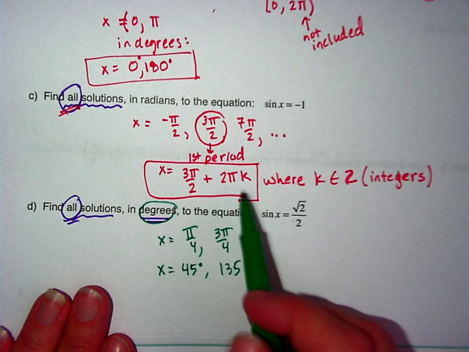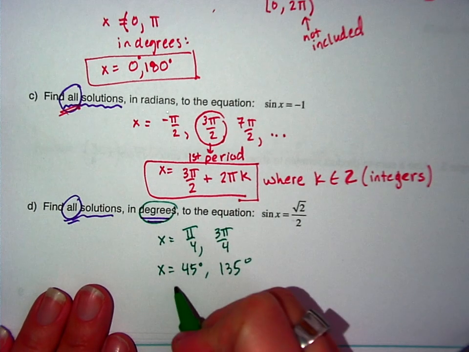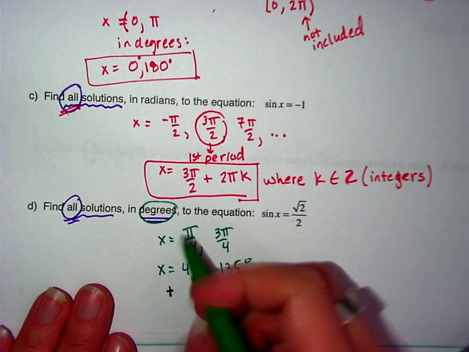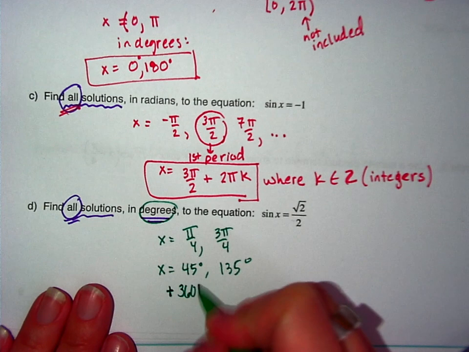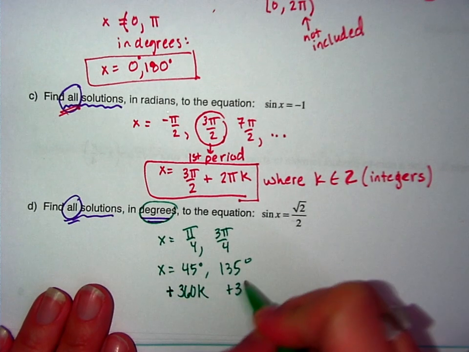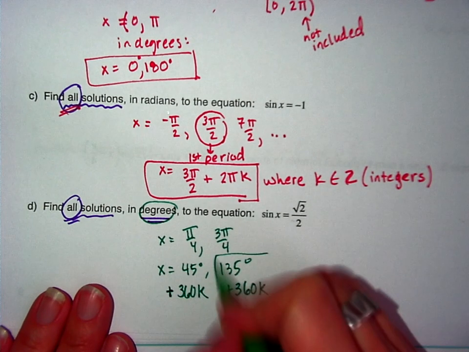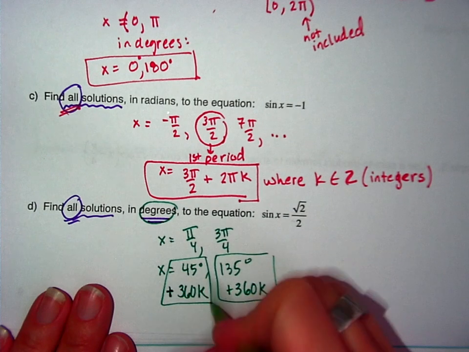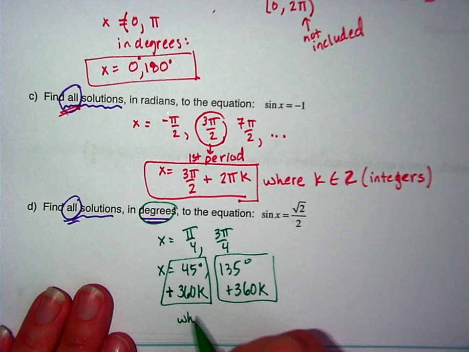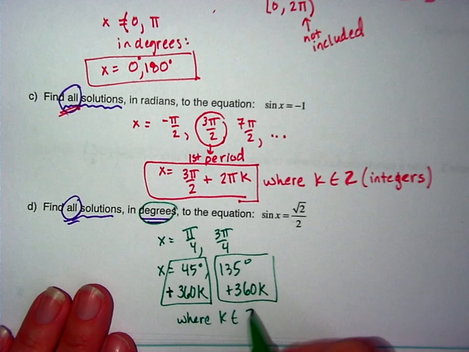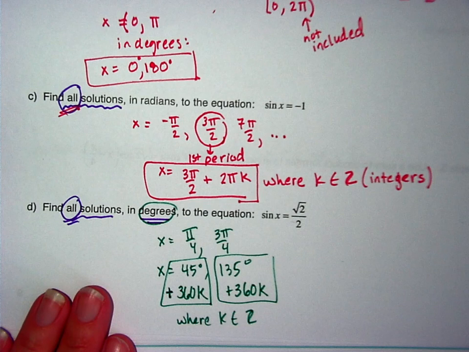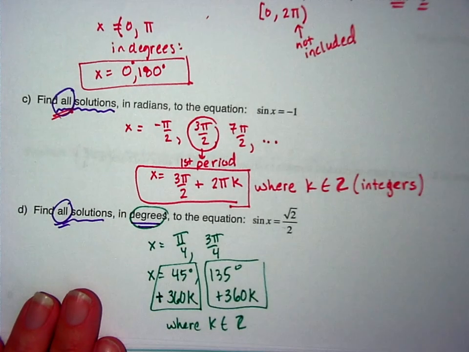But this time it's degrees, so each one will now be, instead of 2 pi, 360 k and 360 k. So these would be my 2 solutions, where k is an integer. Okay? That's it for page 10.